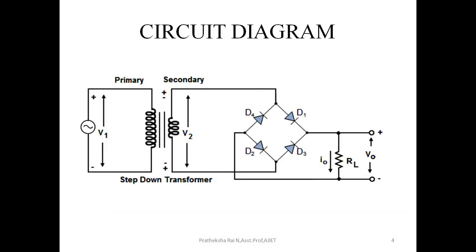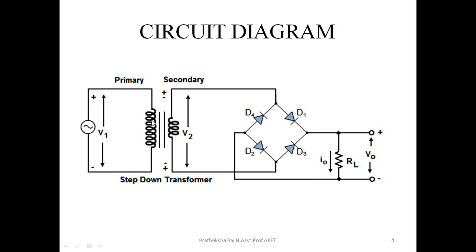Let us see the circuit diagram of the full wave bridge rectifier. Here the input is given across the primary of the transformer, denoted as V1. Then we have the step down transformer.